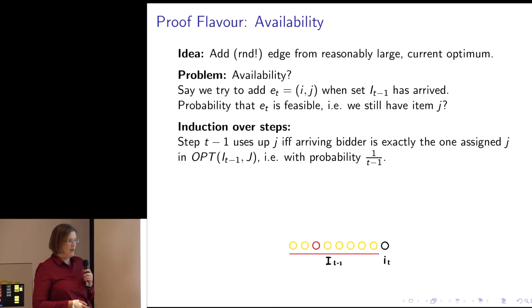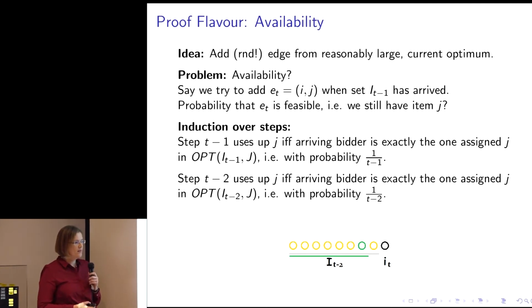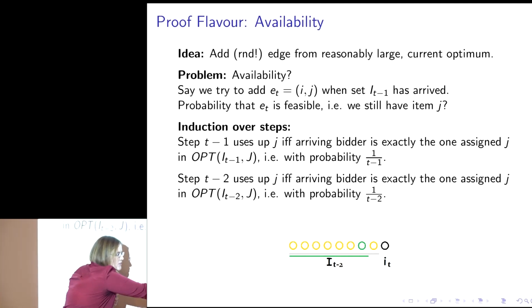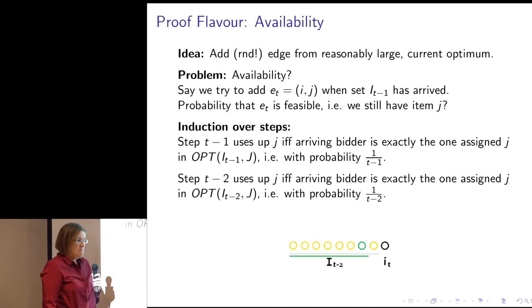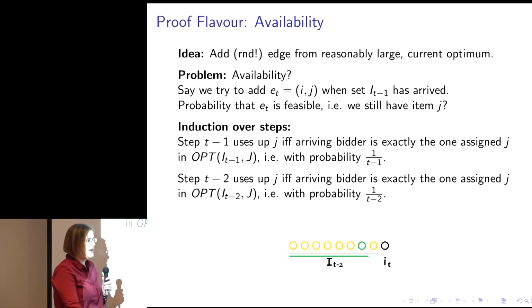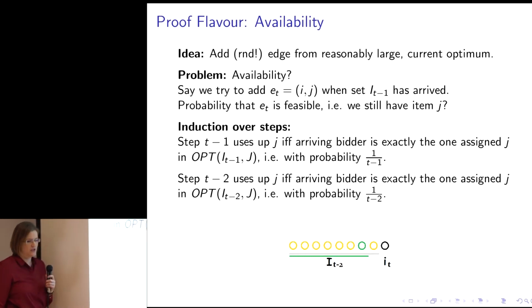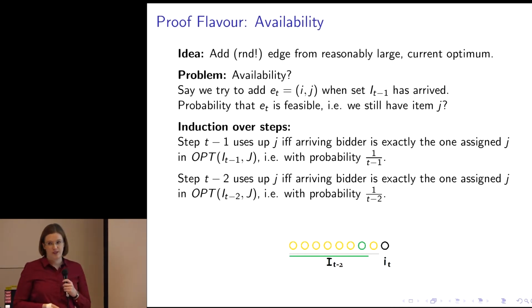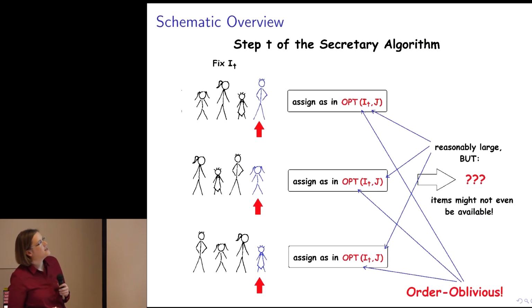And we can do the same thing if we just look at the steps up to t-2. So again, we have this somewhat smaller set of guys that have already been there. One of them gets j, but due to the random arrival order, he might be anywhere, and he's in this spot with a probability of 1 over t-2. And if you just do this inductively, you get that for every step you have a constant probability for every item to still be available, which makes our picture like this.